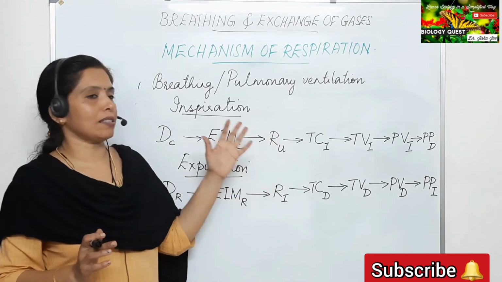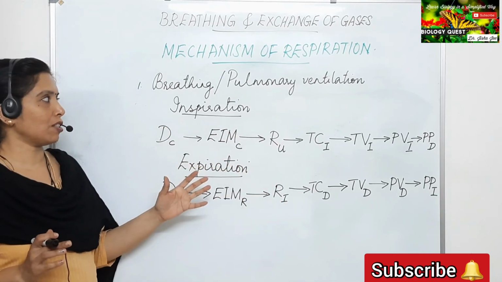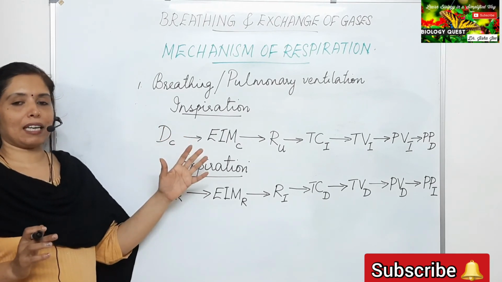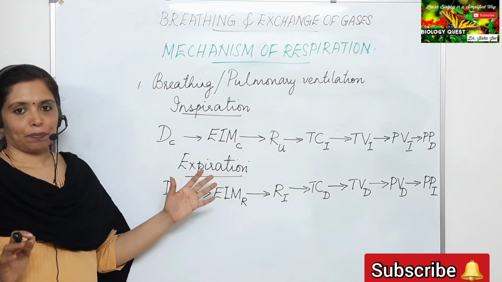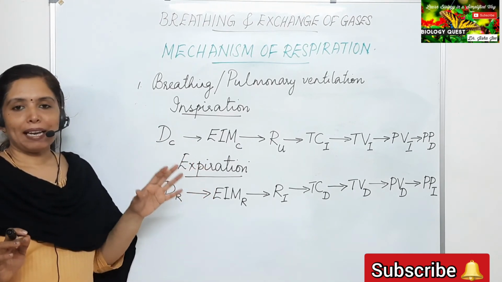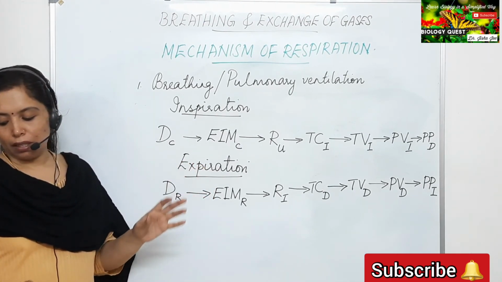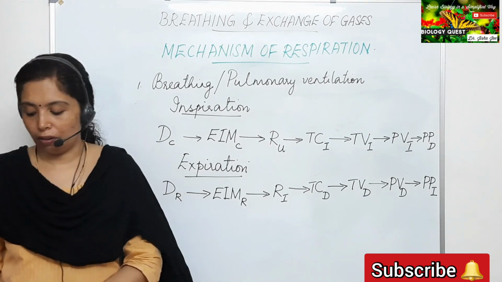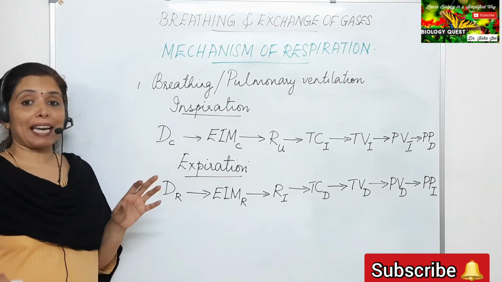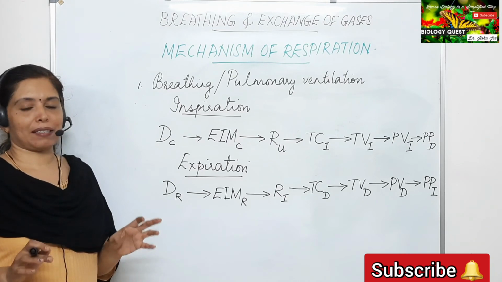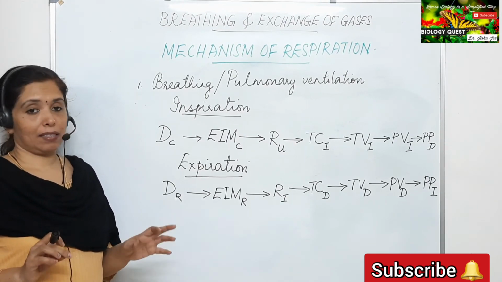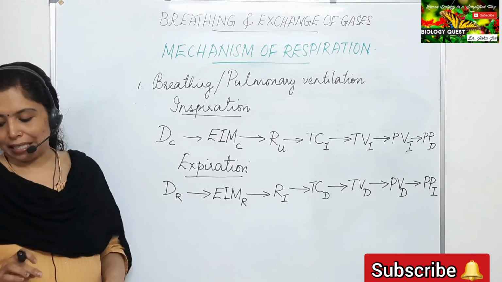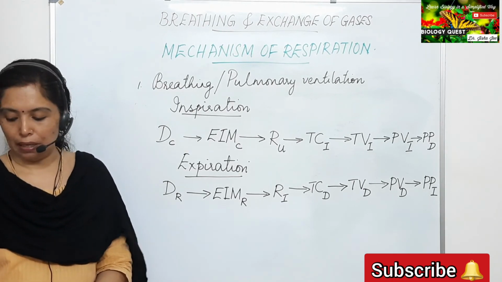That is the first step in the process of respiration, breathing. Breathing involves both inspiration and expiration. Okay, and a normal adult man takes 12 to 18 breaths per minute. That is the rate of breathing in a normal adult man is 12 to 18 breaths per minute.